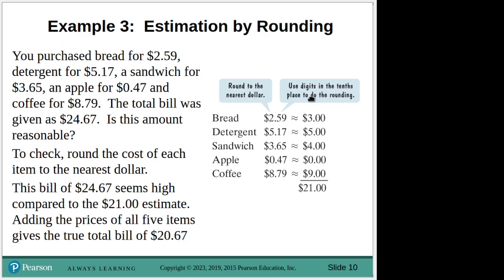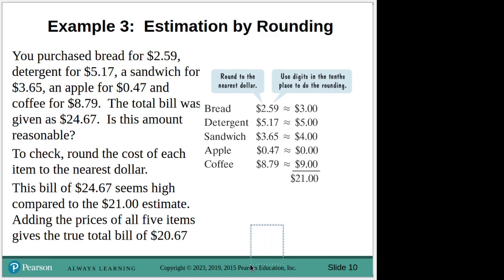A lot of times what we try to do is make the number easy enough that it falls within our addition or multiplication tables that we know, so that we can get an idea if an amount is right. In fact, this question is saying, hey, someone said it was $24.67. We do a quick estimation, we get 21. That's off by $3, which seems high. And so going back and re-adding all these up, it was $20.67. So there was something wrong with the original bill.